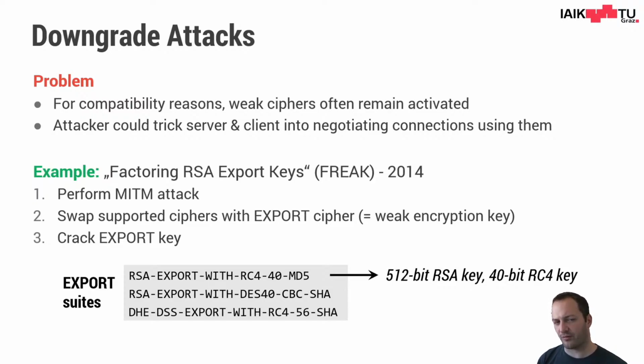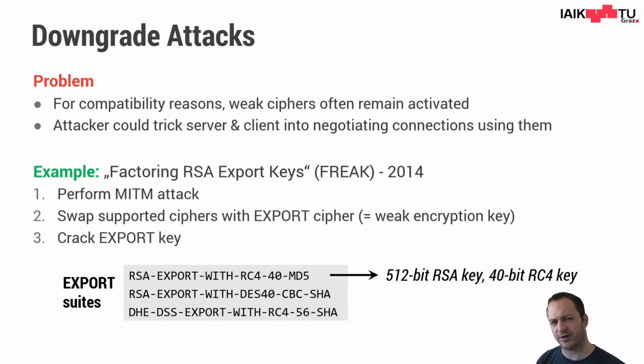The problem, or why this works, brings me back to the beginning of today's lecture, where I told you that web servers and browsers very often have to be compatible with older clients. This also means that for compatibility reasons, weak ciphers often remain activated. And attackers could try to trick servers and clients into negotiating connections using them. In other words, downgrade an actually secure connection to an insecure protocol or an insecure cipher.